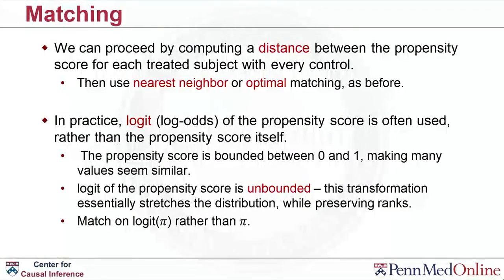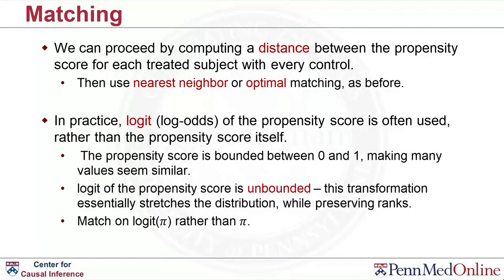We could just calculate a distance between any two subjects on the propensity score and then try to minimize distance. Again, we could use greedy or nearest neighbor matching, or we could use optimal matching. We're basically taking the same steps as before, except our distance measure is now based on the propensity score as opposed to a collection of covariates.